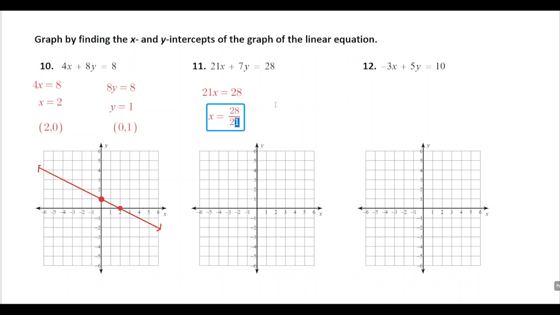Pretty sure that can be reduced. What are they both divisible by? You know what? They're both divisible by 7. So, yeah, 28 over 21 is going to reduce to 4/3. So my x-intercept here is going to be 4/3, 0.